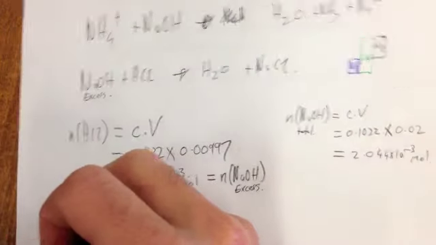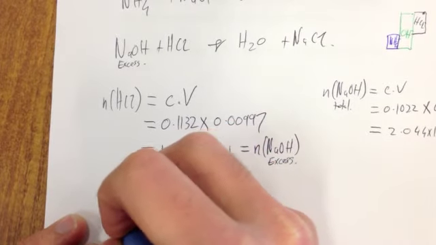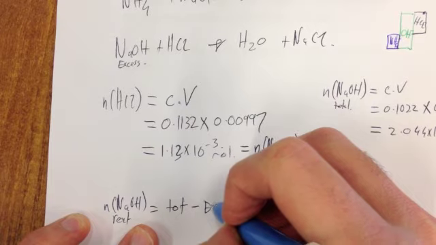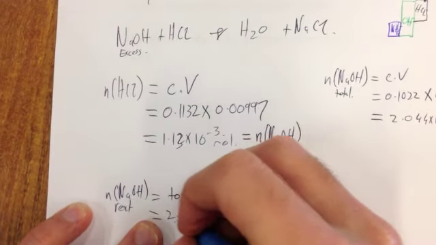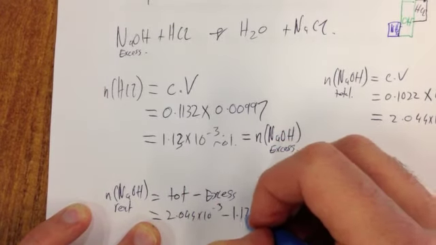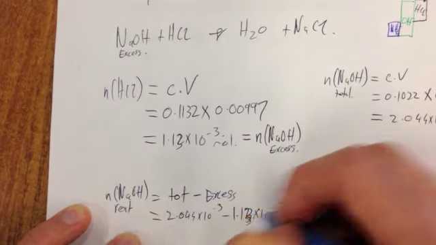So what we can work out is the number of moles of NaOH that reacted. It's going to be equal to the total, take away the excess, which is going to be equal to 2.044 times 10 to the negative 3, take away 1.1213 times 10 to the negative 3.